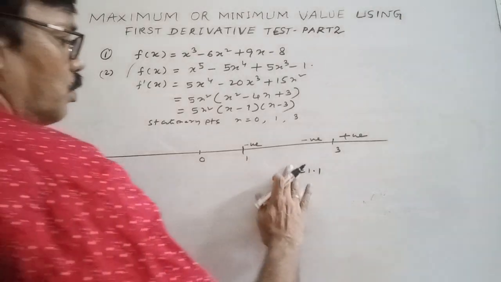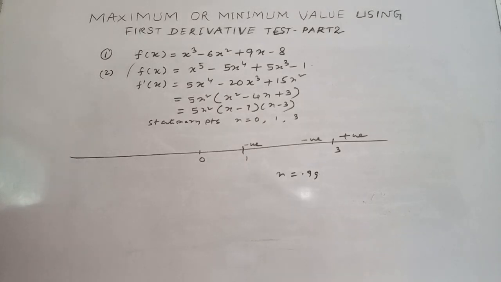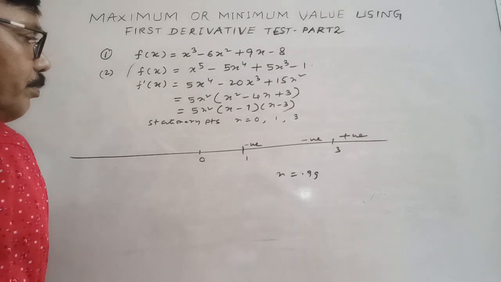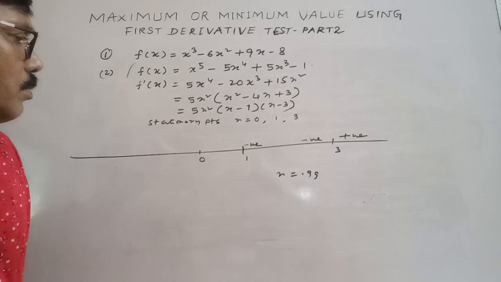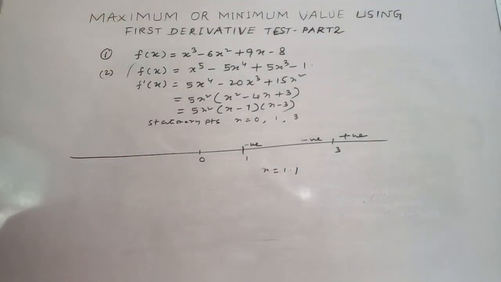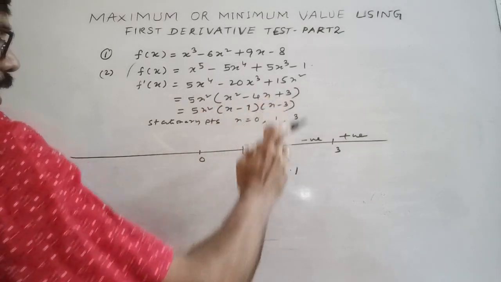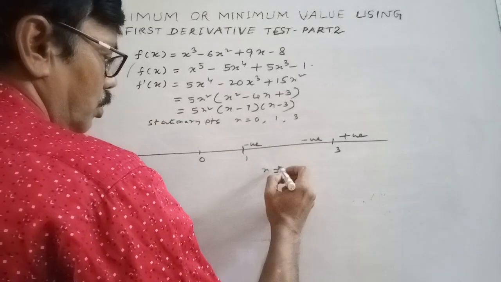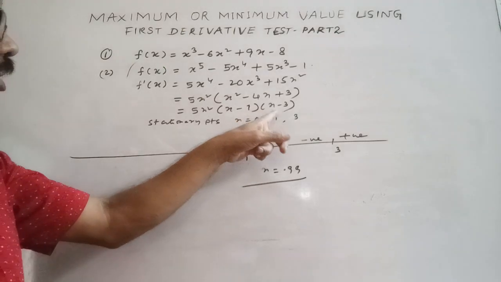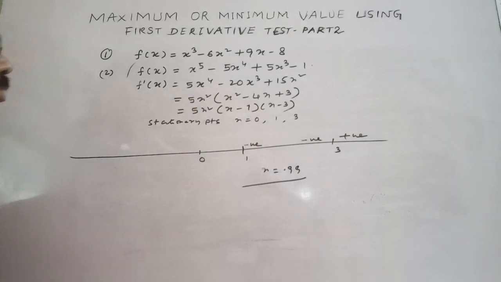And less than 1, suppose x equals 0.99. Here two factors are positive and one is negative in the first case, so negative. At x equals 0.99, the x minus 1 and x minus 3 factors are negative, negative, and the square term is positive, so the total is positive.